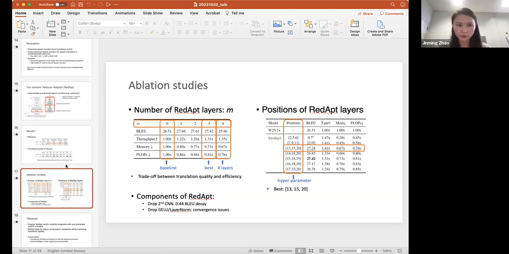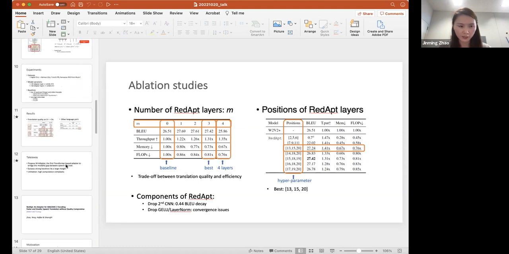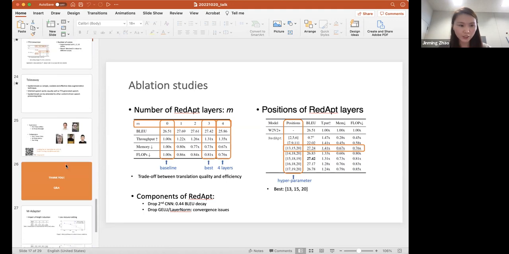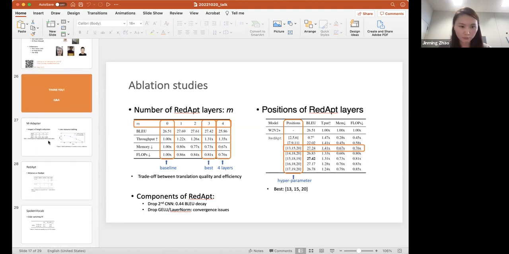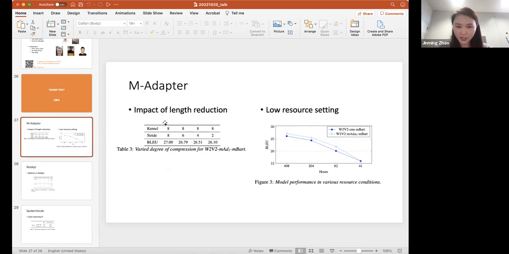It was also shown in the first adapter work. I can quickly show you the one ablation study that we did for the first work. So here we vary the stride from 8 to 2.